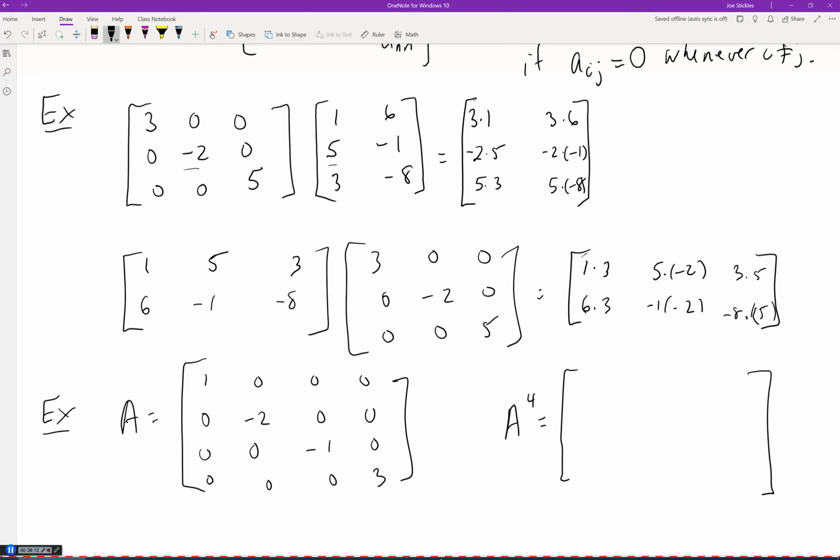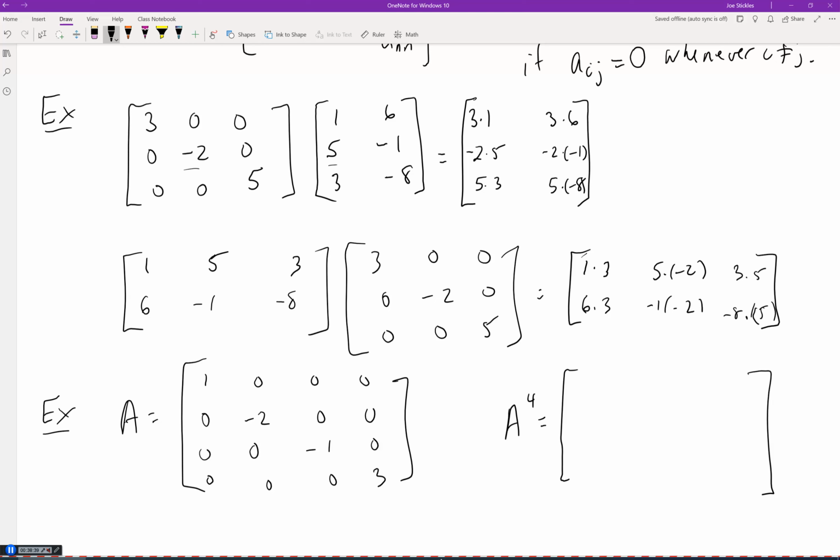We can think about them all being on the left if you want to. We just said that if you take this one times on the left, you would multiply 1 times everything, right? Just on that first row. Well, the first row is just 1, 0, 0, 0. So you would do 1 times 1, and then you would get another 1 and another 1. Likewise, the same thing would happen on the second row, the third row, and the fourth row.